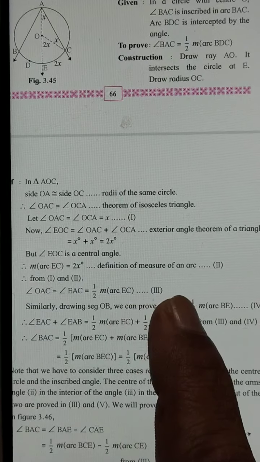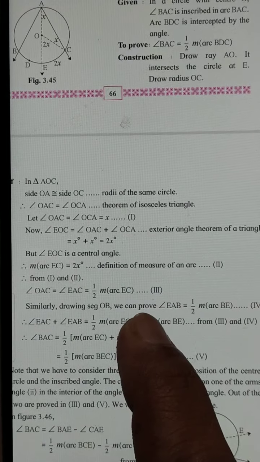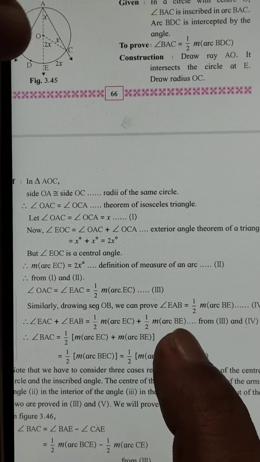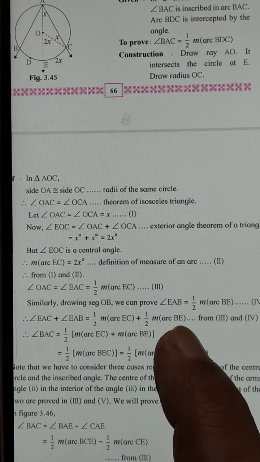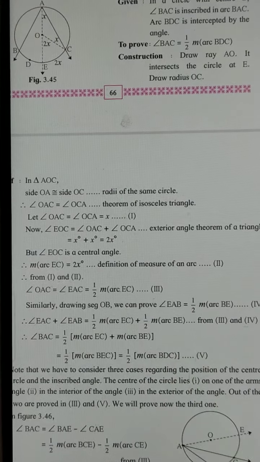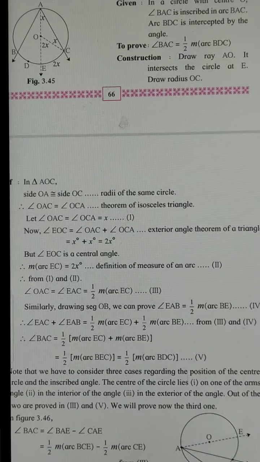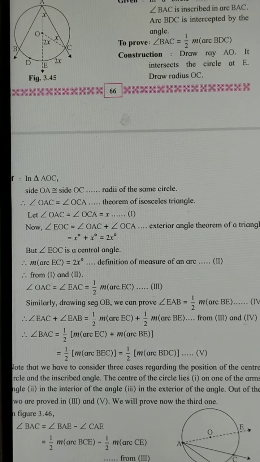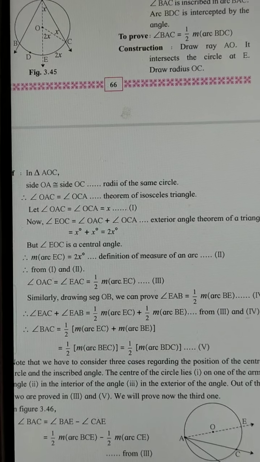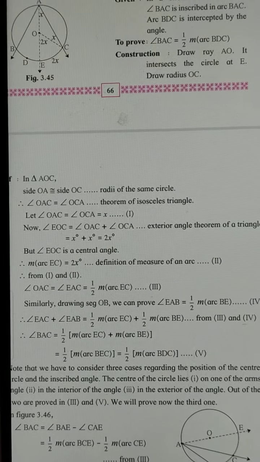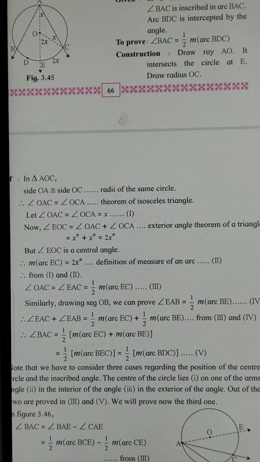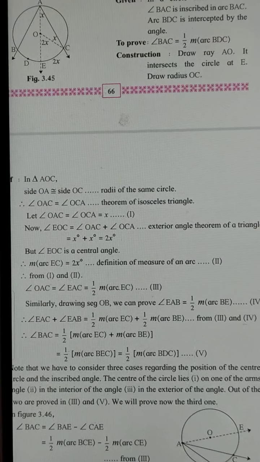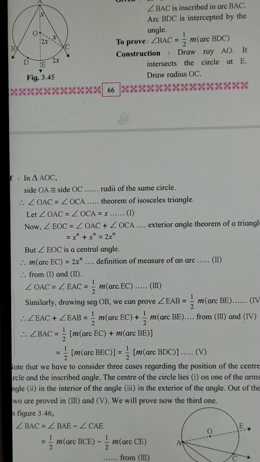Similarly, this is number 3. Similarly, drawing segment OB here, we can prove that angle EAB is equal to half the measure of arc BE also. Here number is 4. So now we can add them.